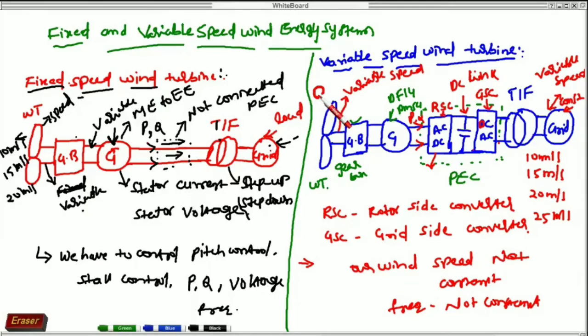What will happen if the wind is very high? The turbines rotate very fast, so we can't control the power we are generating here. If you are generating 1 megawatt, it depends on the wind only, and it is not controllable.